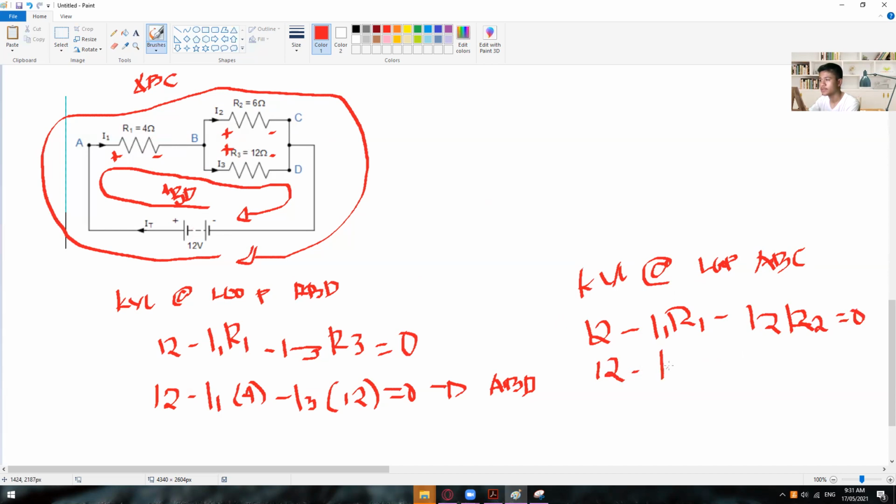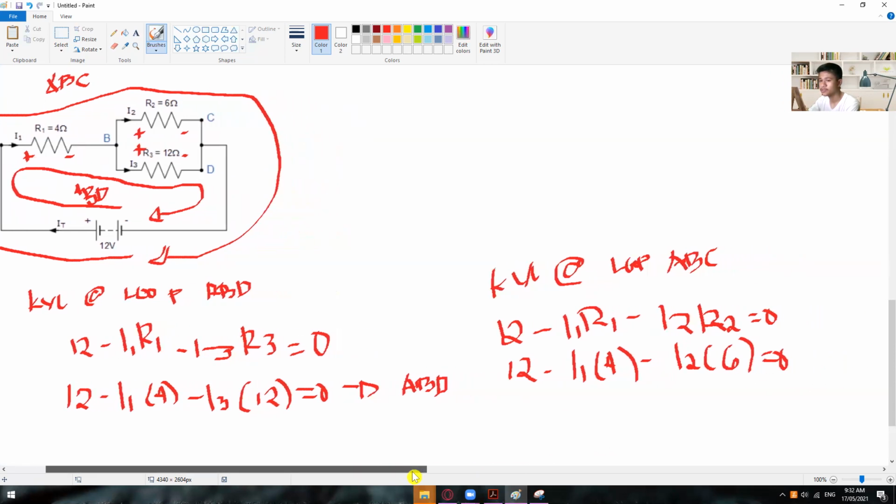So 12 minus I1, R1 is 4, and then I2 and R2 is 6.